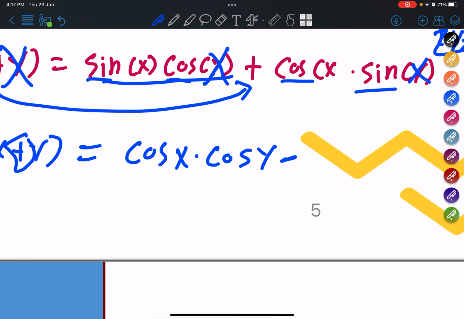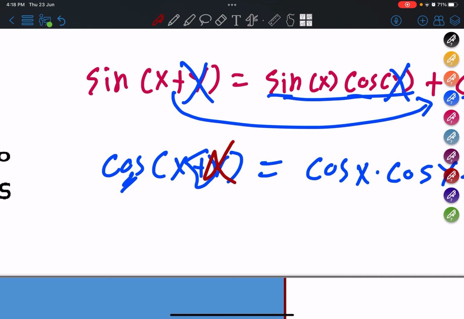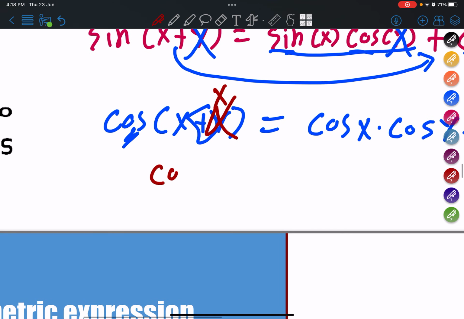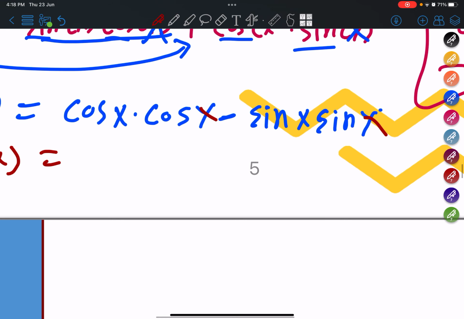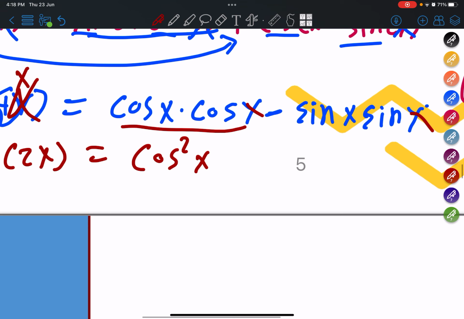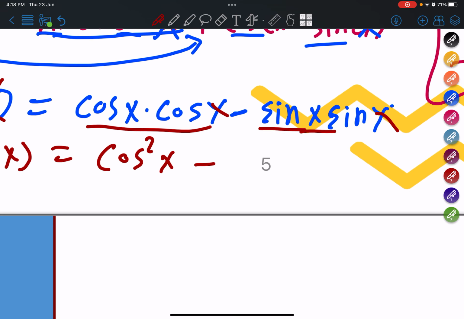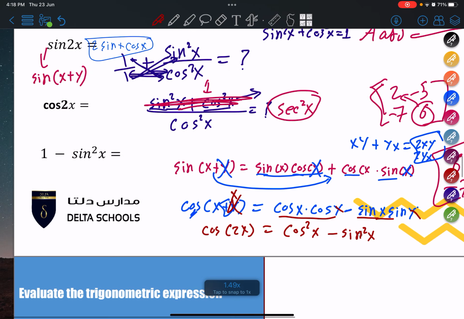So it will be minus sine x sine y. Again, we'll take y, remove it and put x instead. So cosine 2x will equal cosine x times cosine x, which is cosine squared x, minus sine x times sine x, which is sine squared x. So this is our answer.